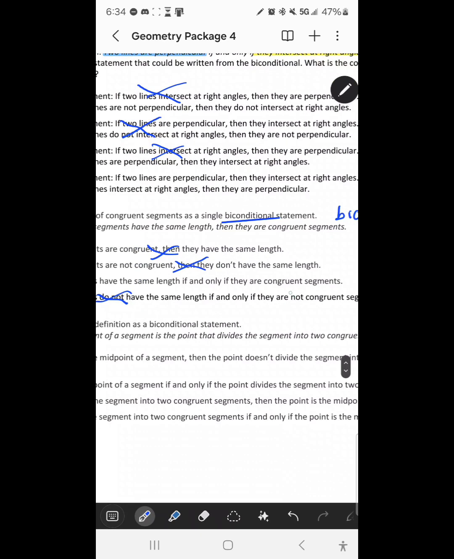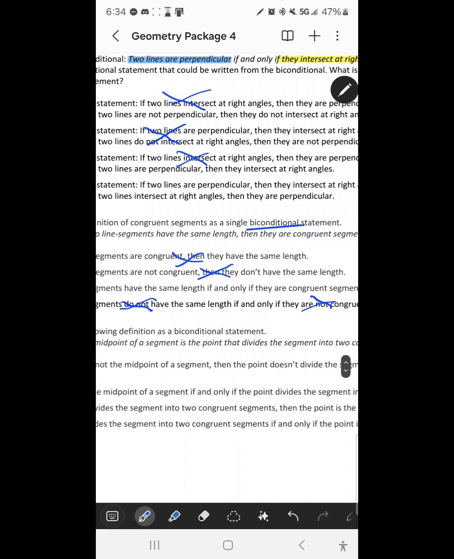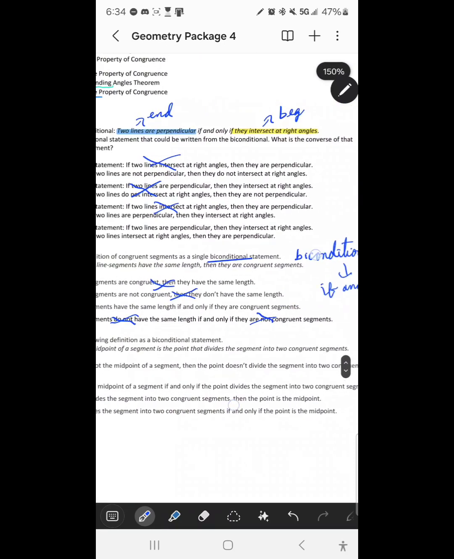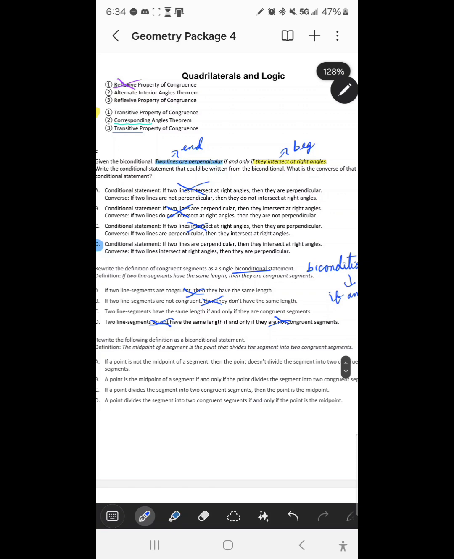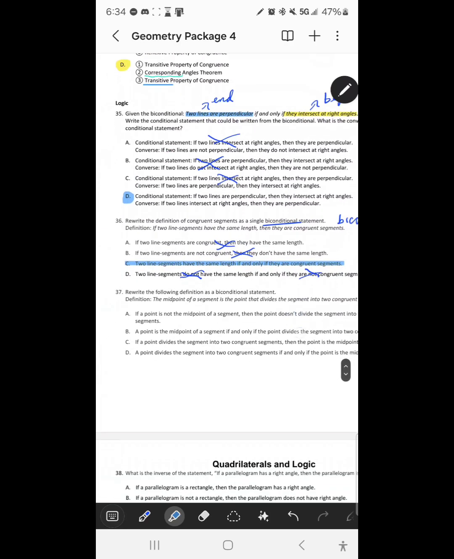This is not what we're looking for. Saying a single biconditional statement is just the same thing we have, with the if and only if in the middle. So C is our answer.